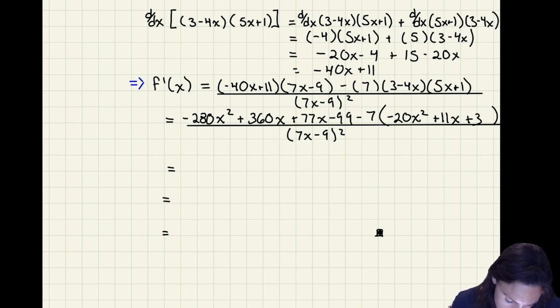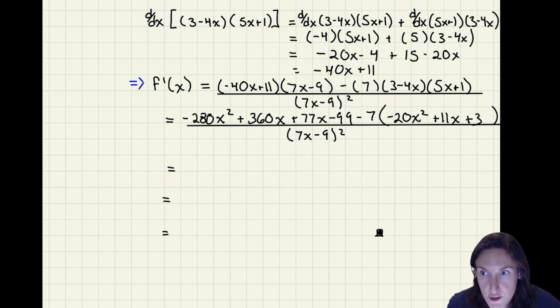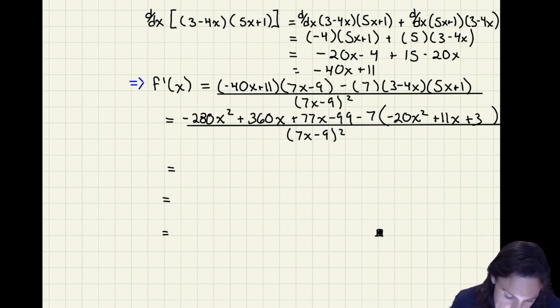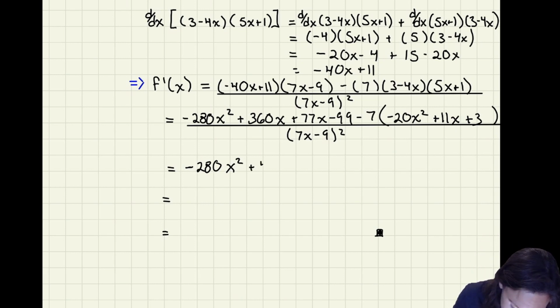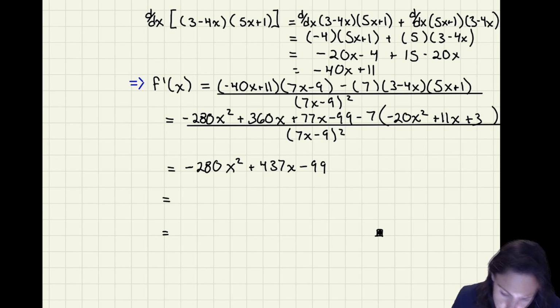Okay, perfect. Now, let's see what we have here. So we are going to have minus 280x squared. So I'm going to now expand that second part and bring together some of the terms, the second and third term in particular. So that'll be plus 437x minus 99.